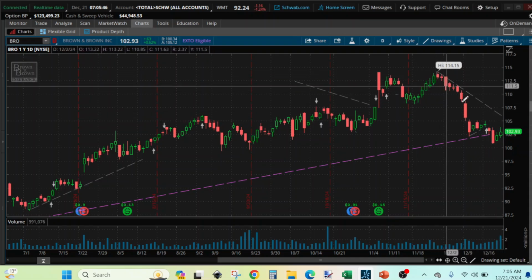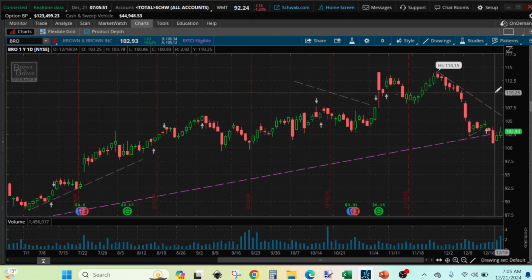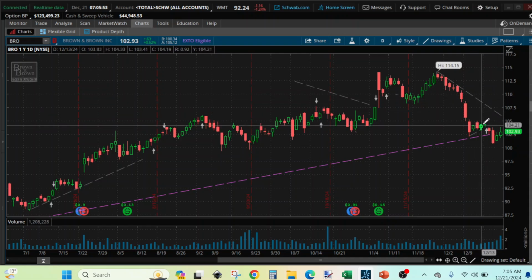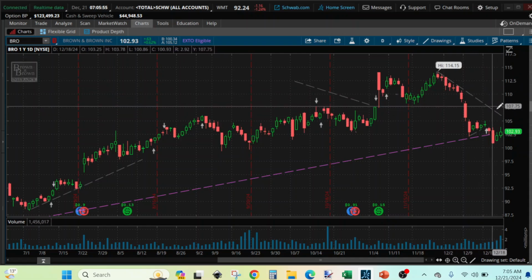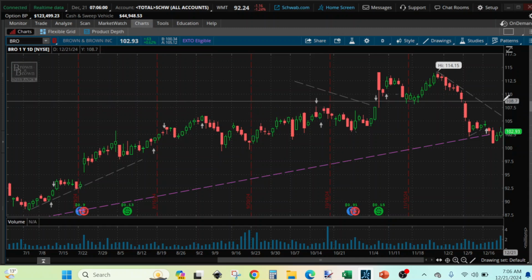It'll probably be that one and this one, and when the stock moves up past that downtrend line, falls back to it and starts going up from there, you can get in.